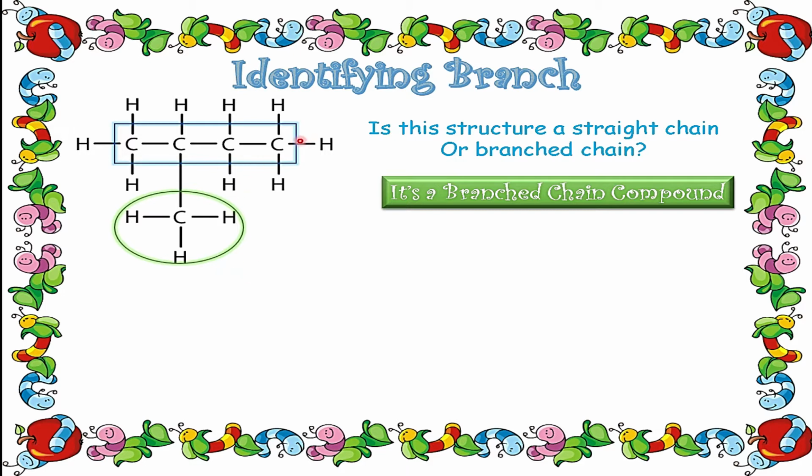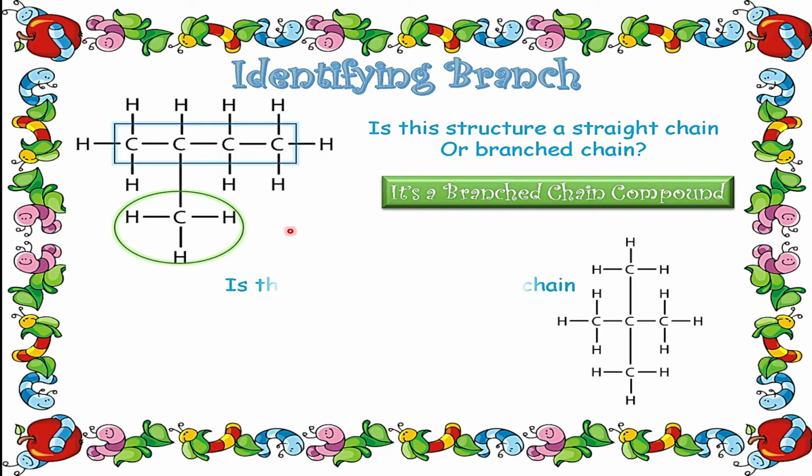If you select the chain like this in this direction, then this carbon won't be included in the chain, so still it will be a branch chain compound. Whenever you are selecting the chain, for example, if you move from this carbon to this carbon in this direction, you cannot turn back to select this carbon as well.